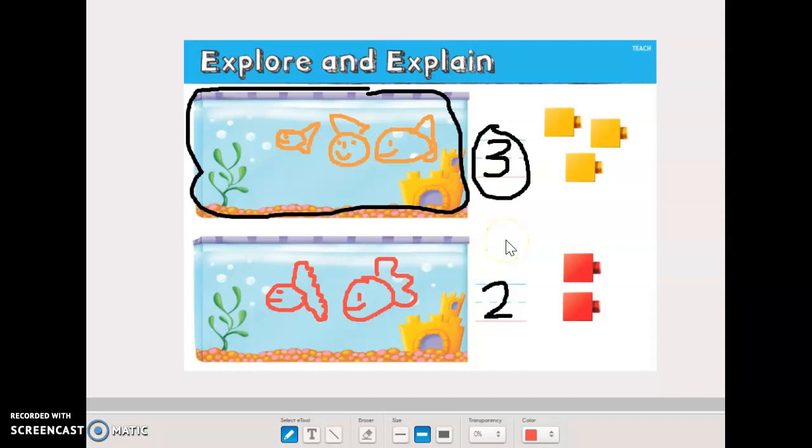Okay, I think that's our first problem. And I did not make them equal. I made one tank, the one above it, with more. If they were equal, we were going to draw a box around the groups if they were equal to each other. But since this one was more, we got to draw a circle around the tank and the number 3.